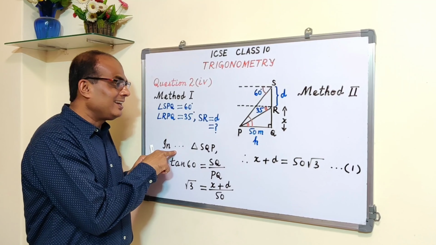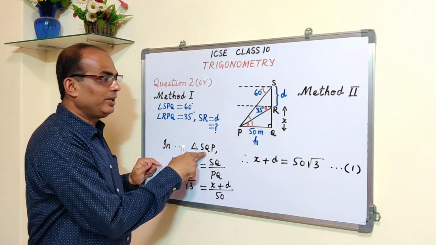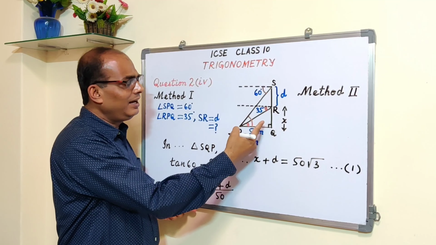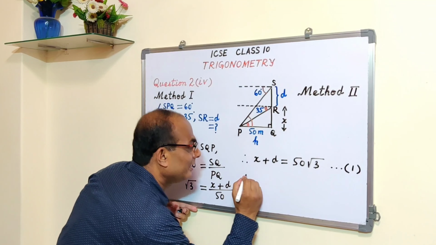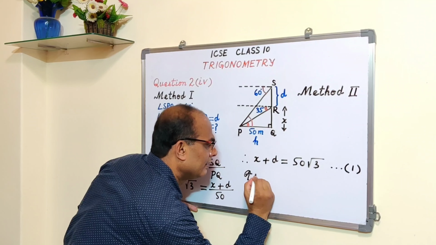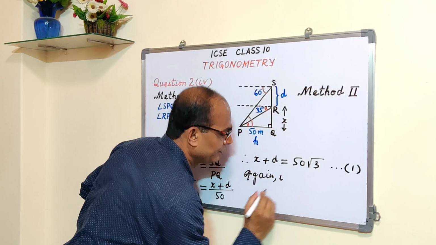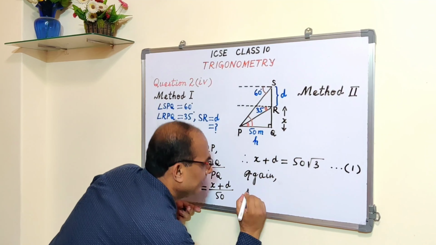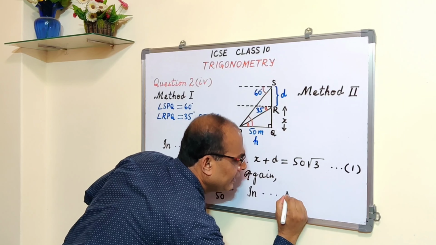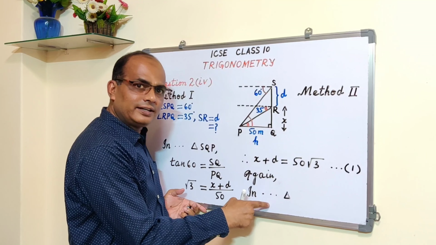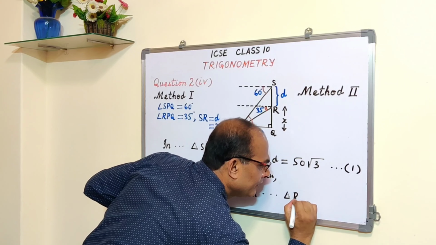Now as we wrote down here in right angle triangle SQP, similarly we are going to write down in right angle triangle PQR or RQP, whatever.